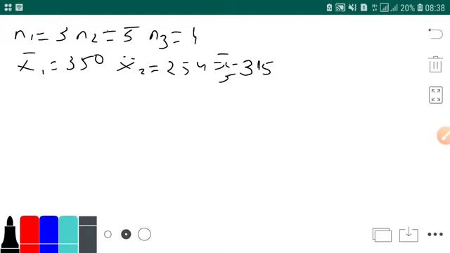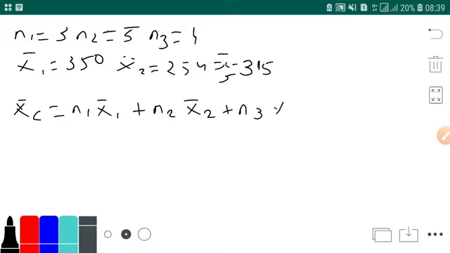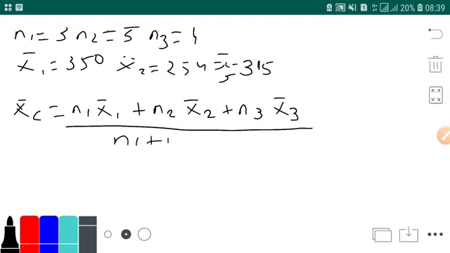So now let us write the formula. Combined mean x bar c is equal to n1 x bar 1 plus n2 x bar 2 plus n3 x bar 3 upon n1 plus n2 plus n3.